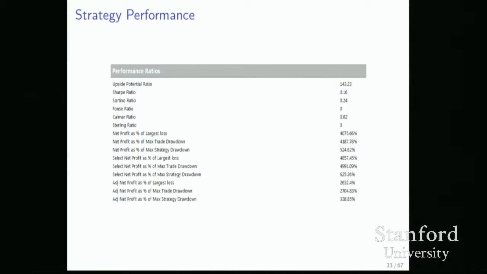You can see Sharpe ratio is 0.16, Sortino is 0.24, Calmar is 0.02, and so on. I think these by themselves are not that meaningful, but when you compare them over different trading strategies, you can say which one is better.